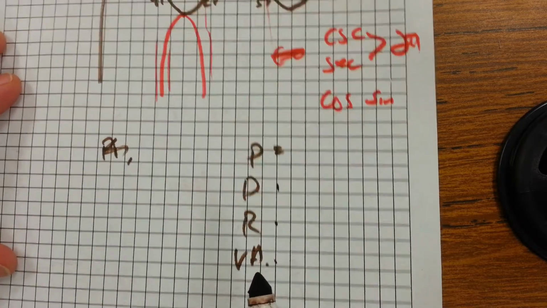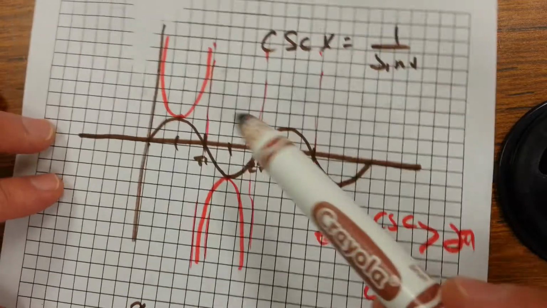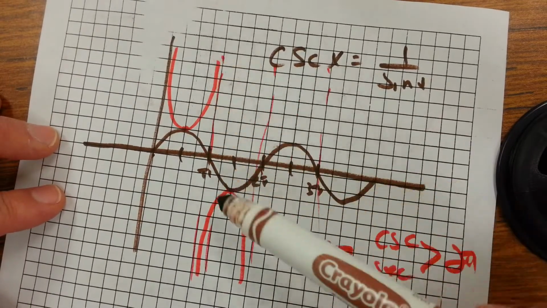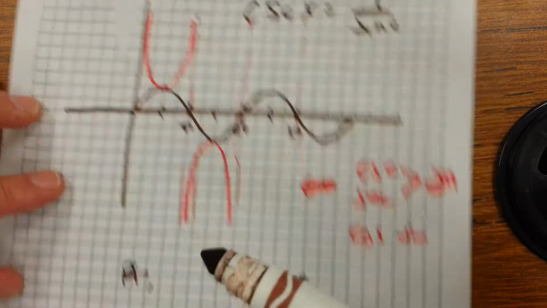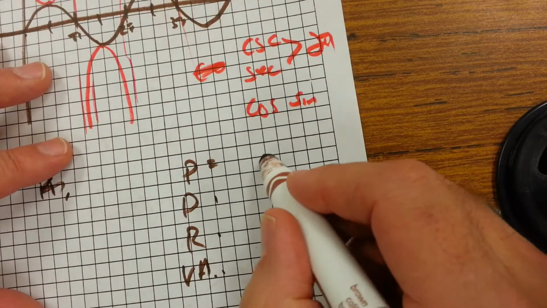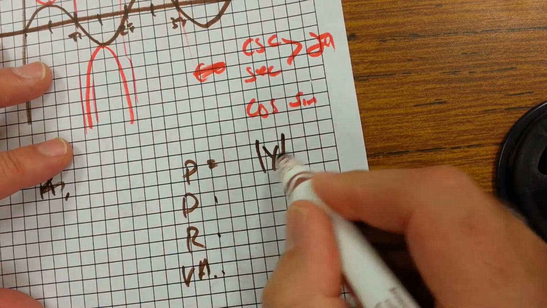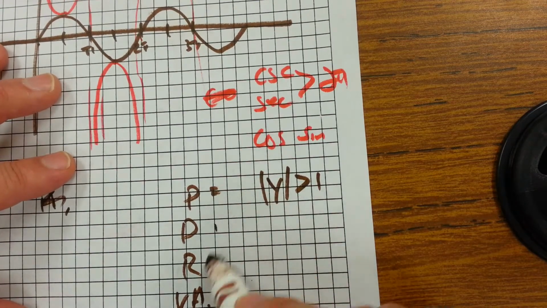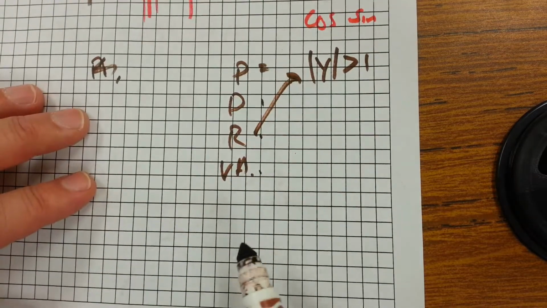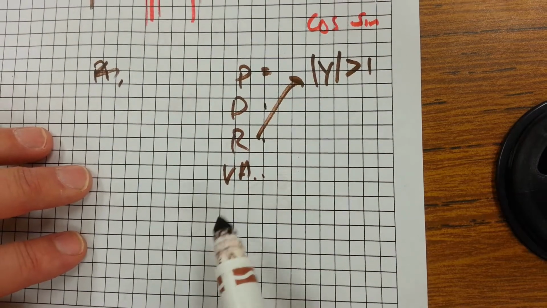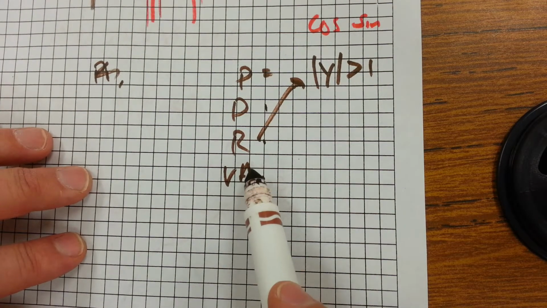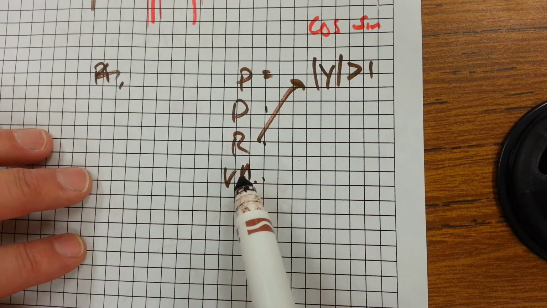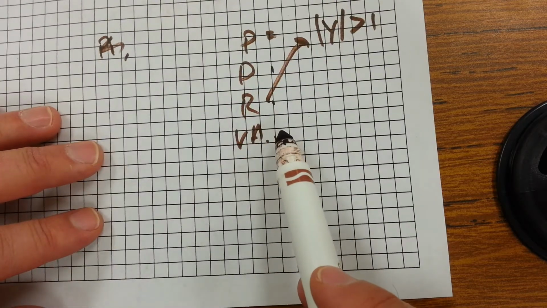Your range is going to be, in this case, from 1 up or from -1 down. One way to write that would be the absolute value of y is greater than or equal to 1, for my range. But those are things we're always going to address, where your vertical asymptotes would be. That means your domain is everything but where those asymptotes are, okay?